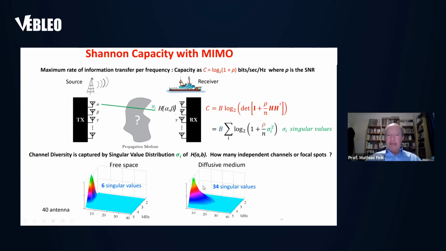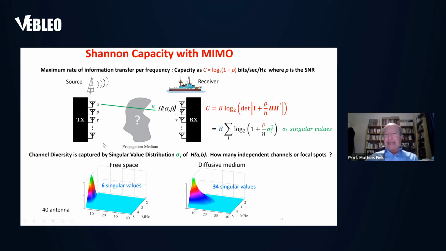And this comes from the fact that I can have many more focal spots which are independent when I have a random medium instead of a free space medium. I can send more information when the medium of propagation is random, and this is important in CT, and I will come back to this.